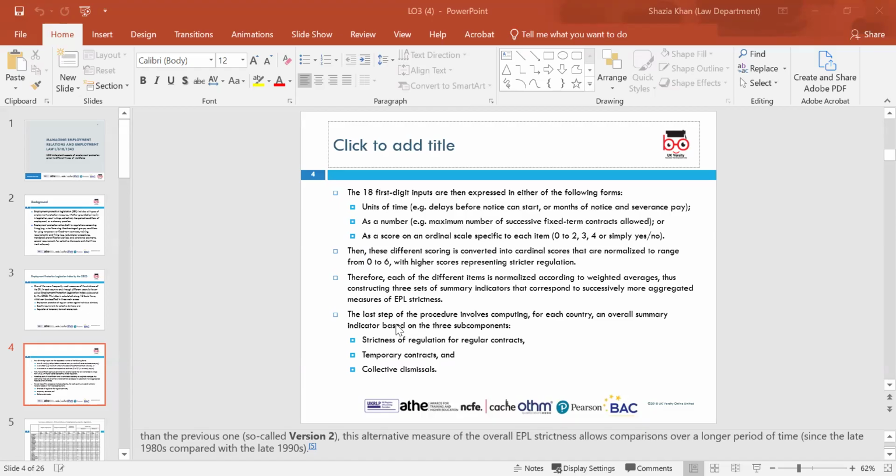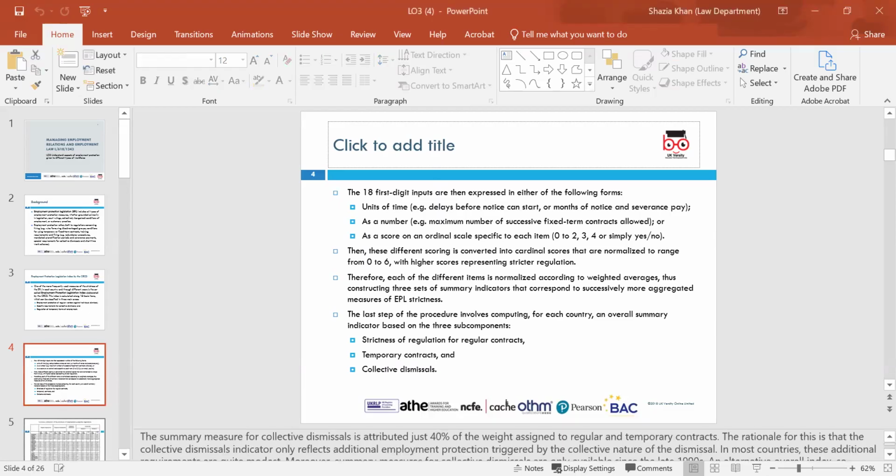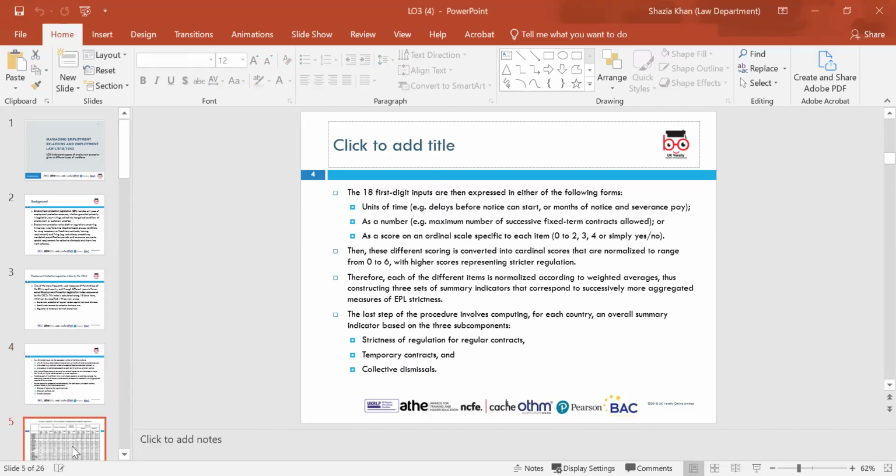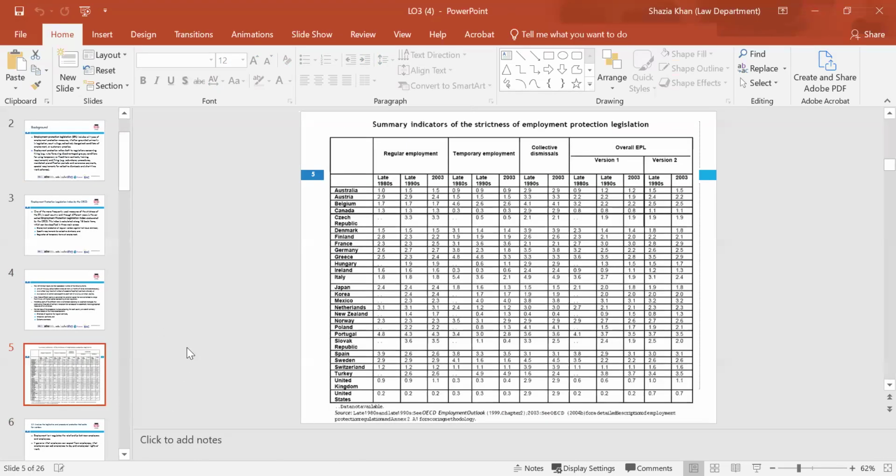The last step of the procedure involves computing for each country an overall summary indicator based on 3 sub-components: strictness of regulation for regular contracts, temporary contracts, and collective dismissal, as mentioned earlier. So this diagram identifies summary indicators for the strictness of employment protection, country by country.